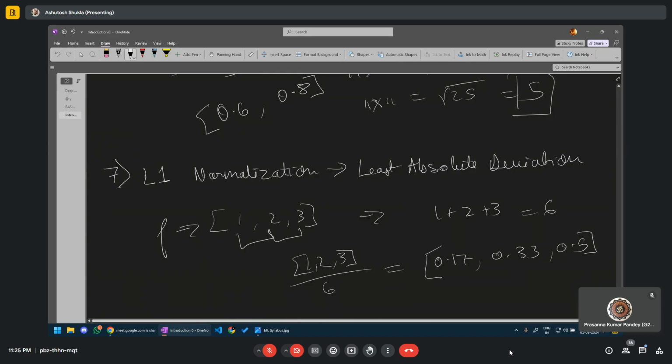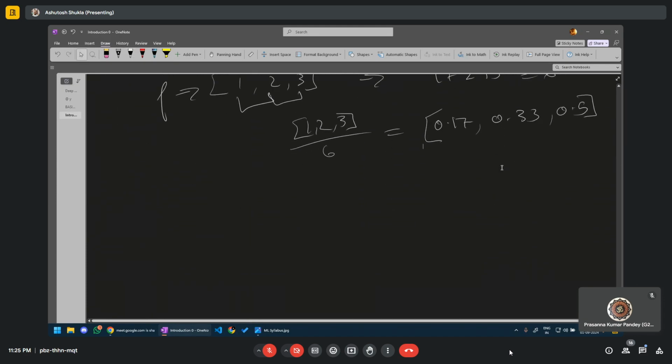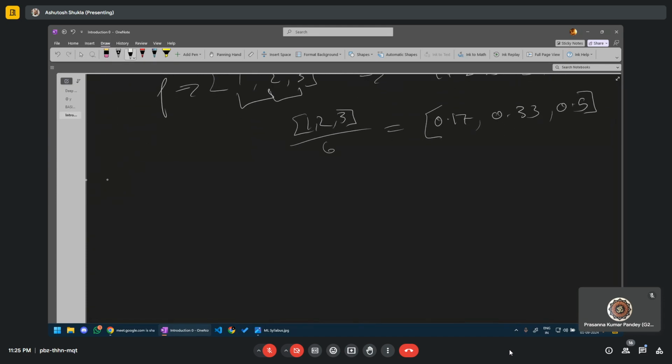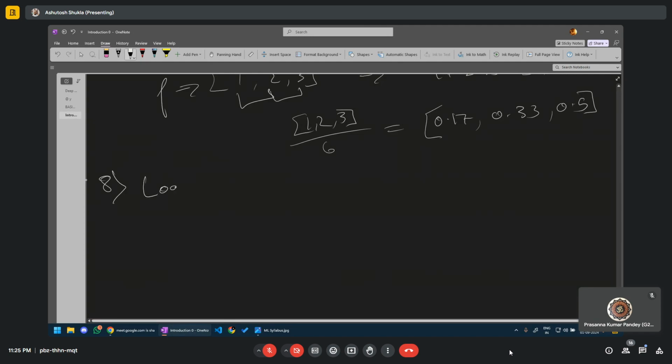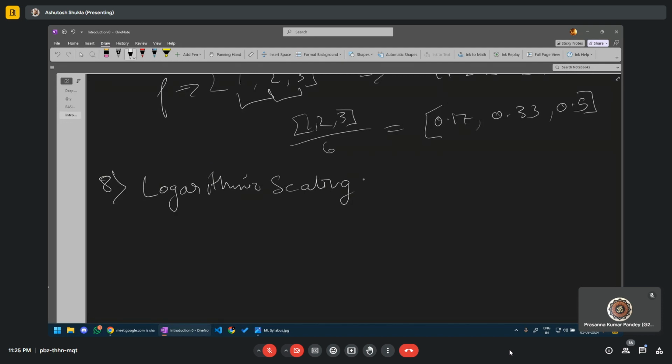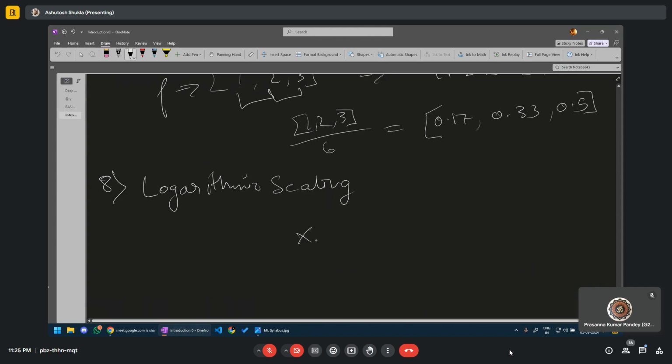Then there is logarithmic scaling. Sorry, my handwriting is getting worse and worse, but I will be sending this. Simple formula: log x plus 1 for x. All you have to do is log x plus 1.